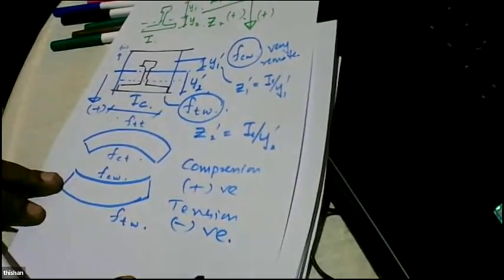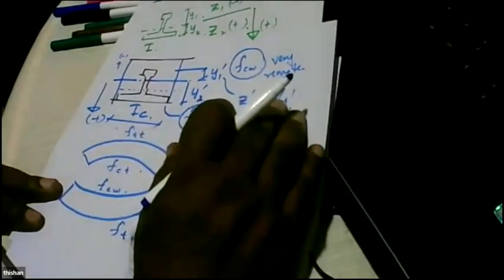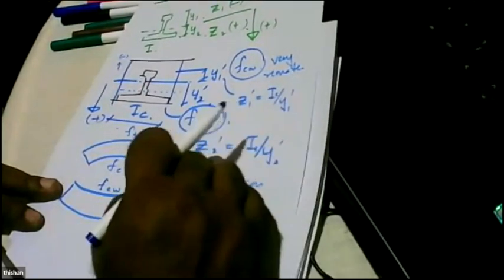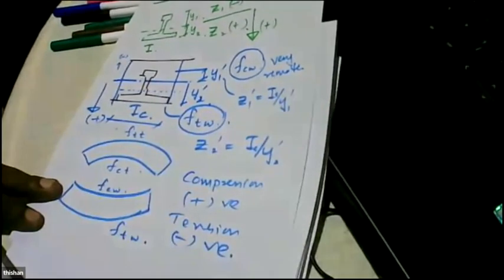Right? Because now what is effective is the composite section. So Z1 dash will be I composite over Y1 dash, Z2 dash will be I composite over Y2 dash. And these distances are also different because now the neutral axis has changed. I value also has changed. I value is the I of composite.